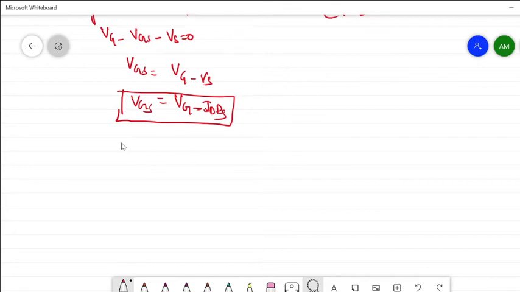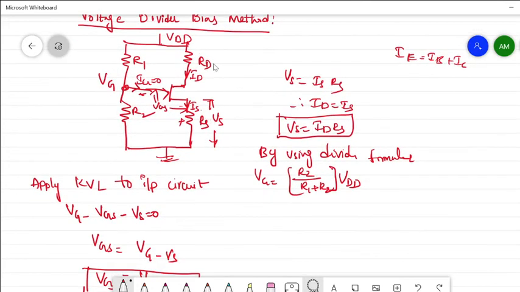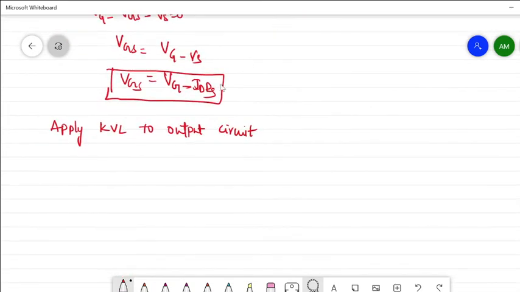Next, apply KVL to the output circuit. Again I am writing here, don't confuse.